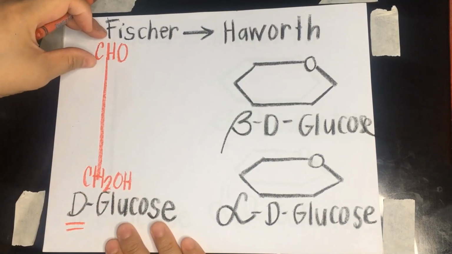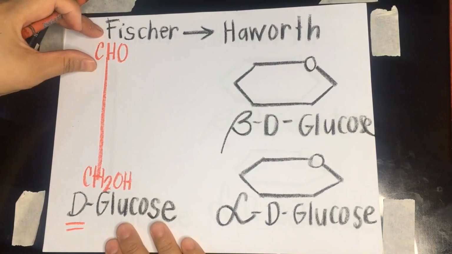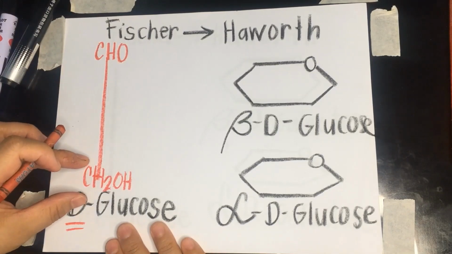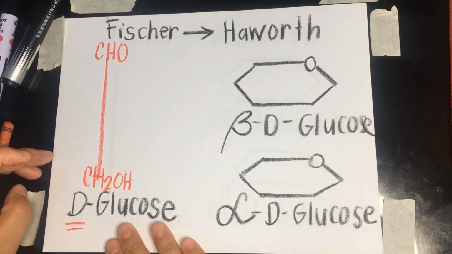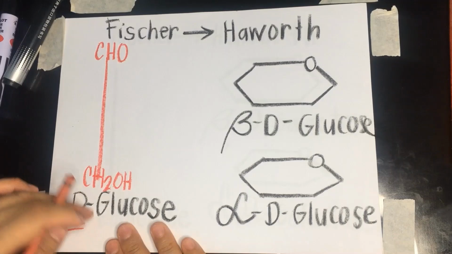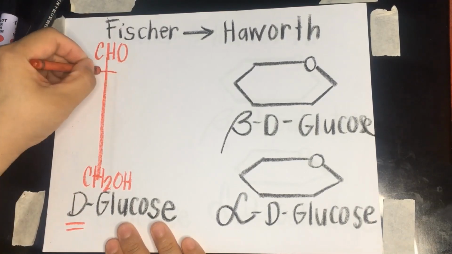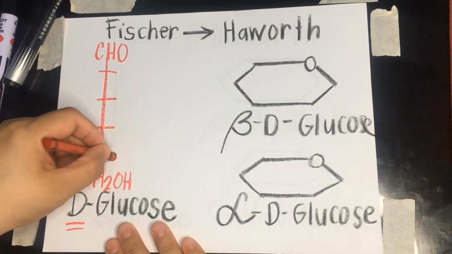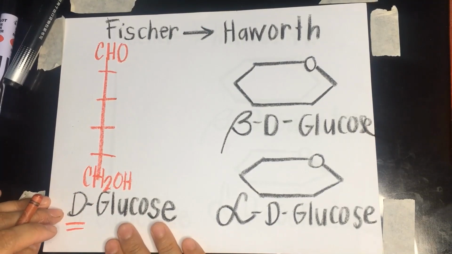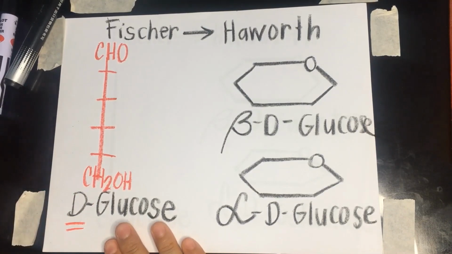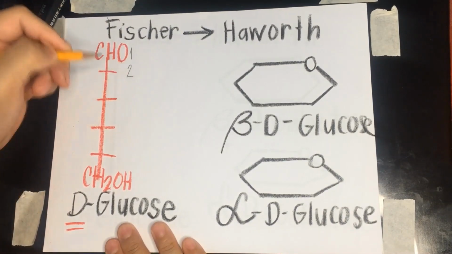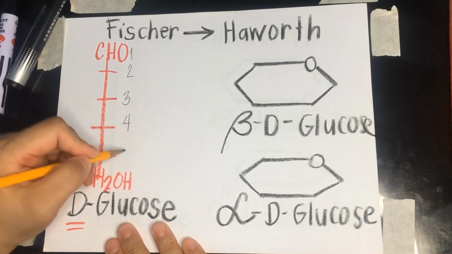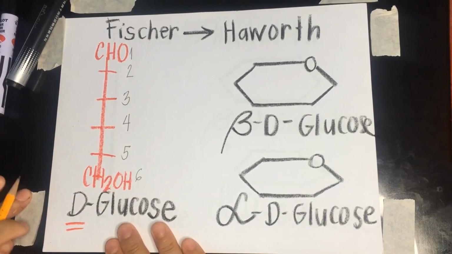After we write the functional group, we will write the terminal end. This is an alcohol. Then we are going to count the number of carbons. Glucose has 6 carbons, therefore we have 1, 2, 3, 4, 5, and 6. So, in counting, this will be our carbon number 1, carbon number 2, 3, 4, 5, and carbon number 6.